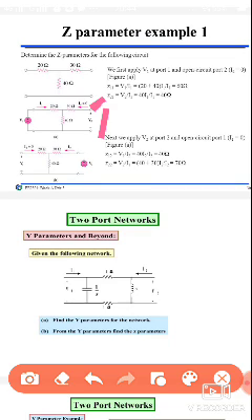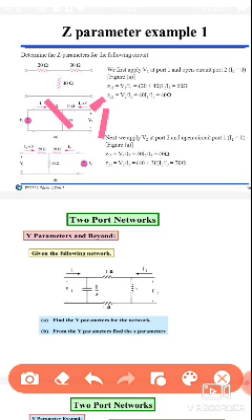Substituting I2 equals 0 in the Z parameter equations, first Z11 equals V1 by I1. Here V1 equals 20 plus 40 times I1, divided by I1. The I1 terms cancel, and we get 60 ohms.